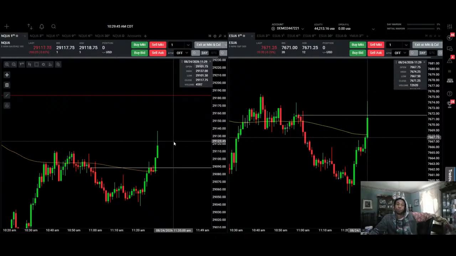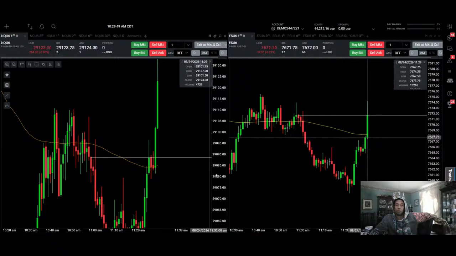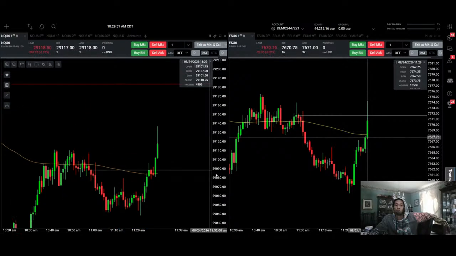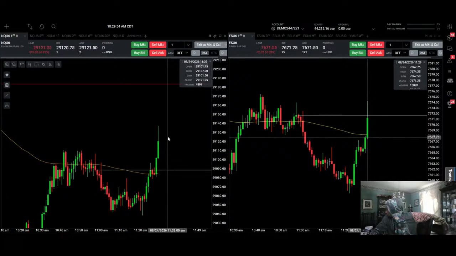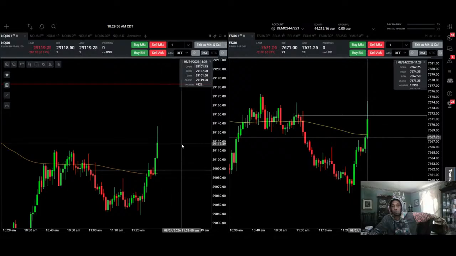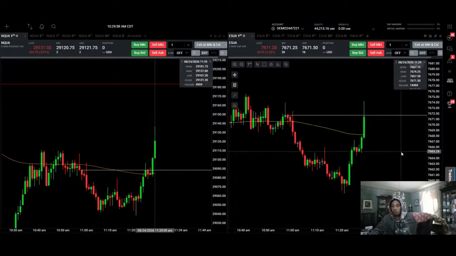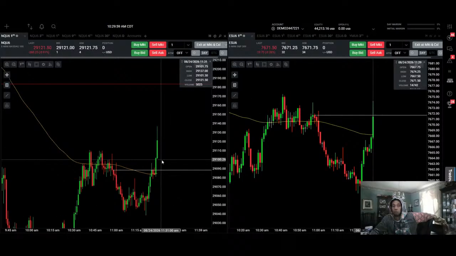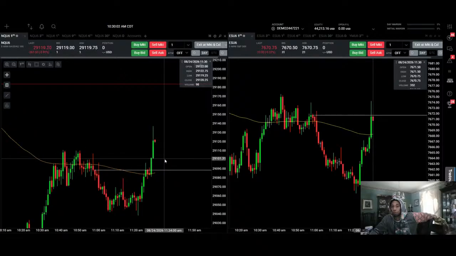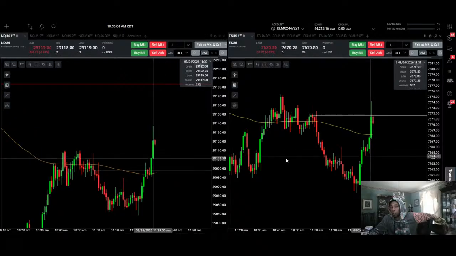730 is the target on NQ. Let's see what the closure is. We got a sweep of the previous cycle highs on NQ. Okay. ES did not close above.